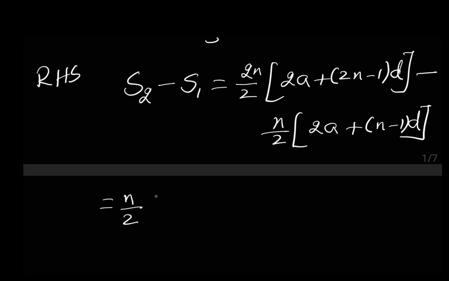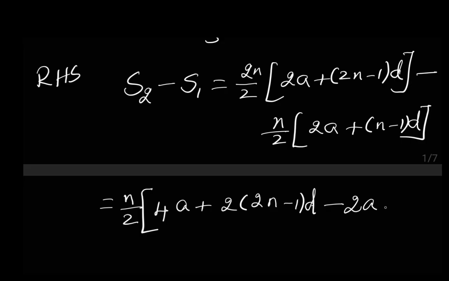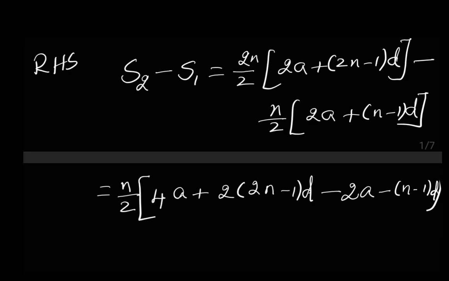Then 2 is left in the numerator: multiply, 2 twos are 4, so 4a plus 2 into (2n minus 1) into d, minus 2a minus (n minus 1) into d.